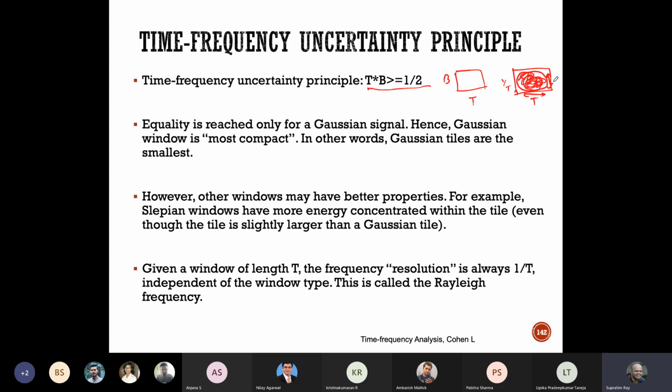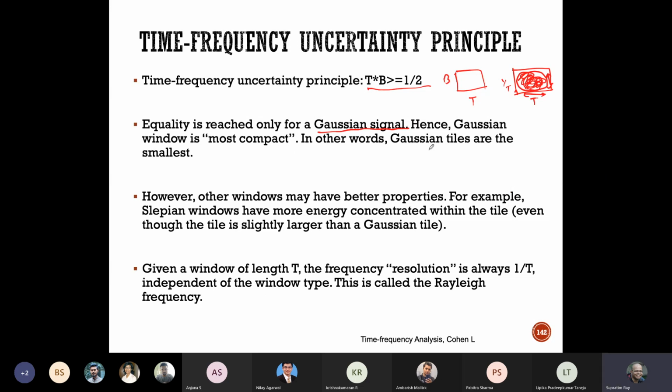Now it turns out different tiles or different windows actually have different concentrations of the energy in the time and frequency domain. So this product of sigma t and sigma omega is half only for a Gaussian signal. There's no other signal for which the product defined this way is half.